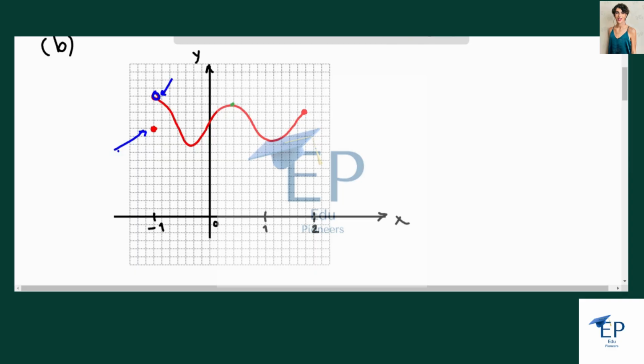But we have a local maximum at this point here. And notice that the graph has to have at least two other local minima in this case, but there is no mention about that in the statement, so that's no problem.